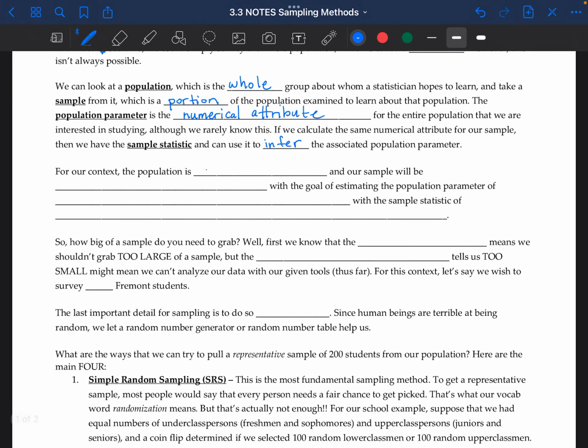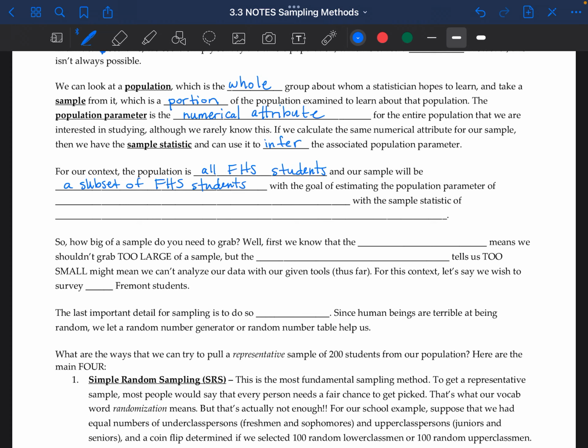So for this context, our population is all FHS students. That's what we're trying to gather here, all of them. But our sample is only going to be a subset of these FHS students. We choose not to try to get all 2,000 students.